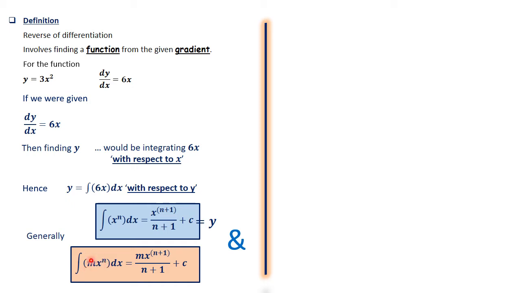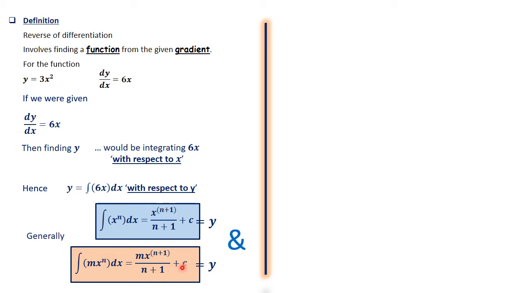So integrating m x raised to power n with respect to x, which is what we have on the left hand side there, will be m, this m as it was and as it was placed there, then the x raised to power, the n was a power at the beginning, now we add 1, therefore it becomes x raised to power n plus 1, and then divide the whole term by the same thing, and of course add an additional c. So we call it m x raised to power n plus 1 all over n plus 1, then plus c.